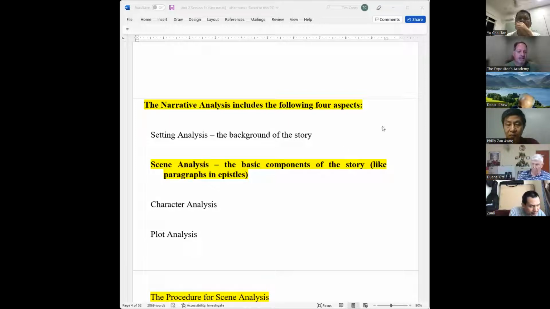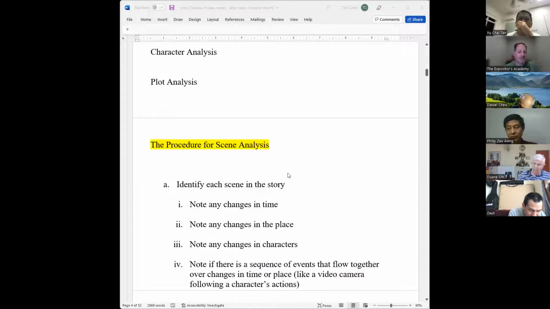And so scene analysis focuses on breaking down the story into its smaller pieces, its scenes, and then looking for a few key elements in each of those scenes.